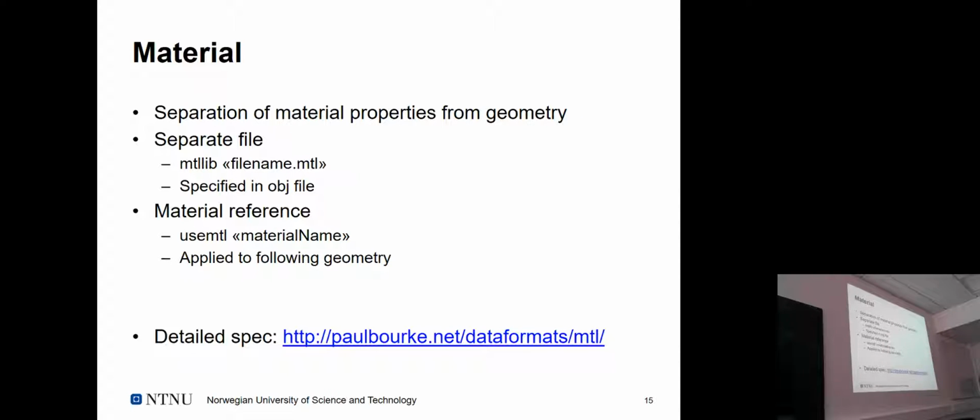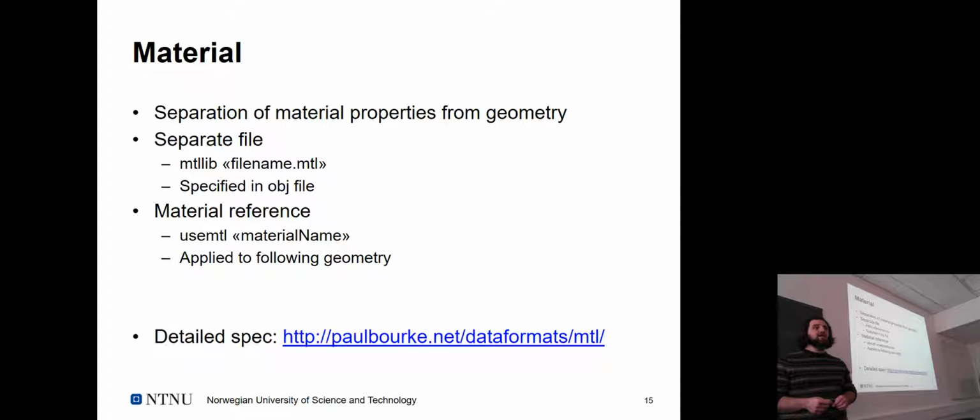One of the important characteristics of OBJ is the separation of material properties from geometry. It's remotely similar to the web, where we have structure on one hand and the visual part separately. It comes in two different files.